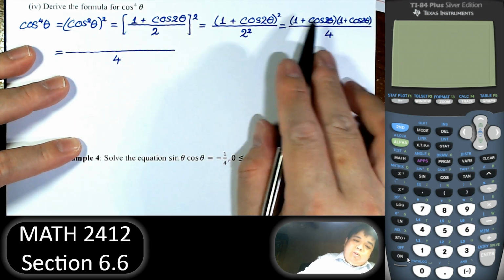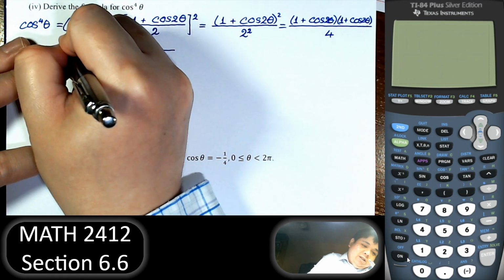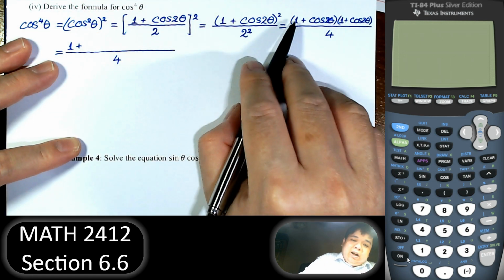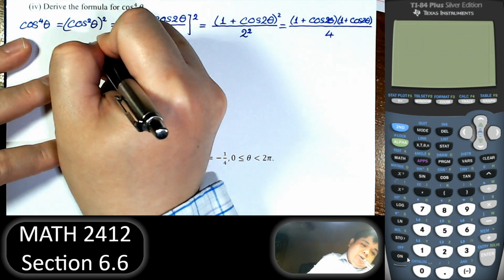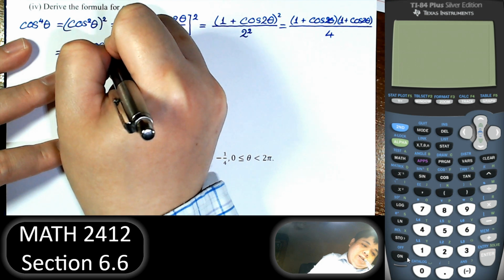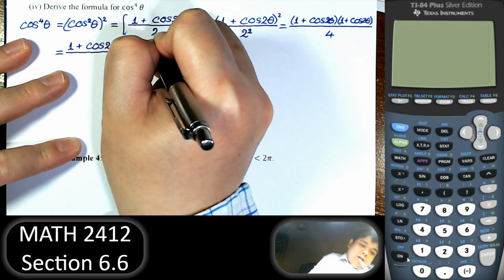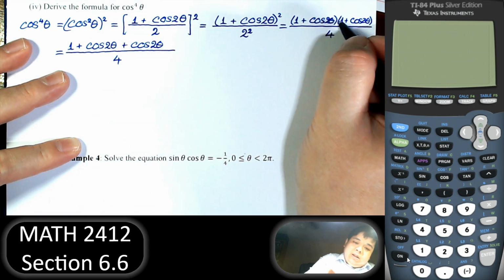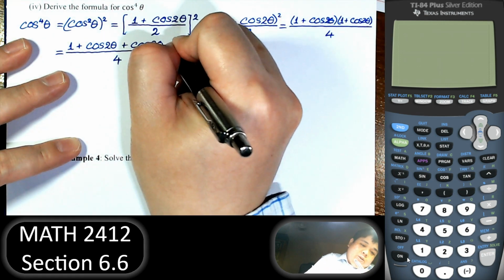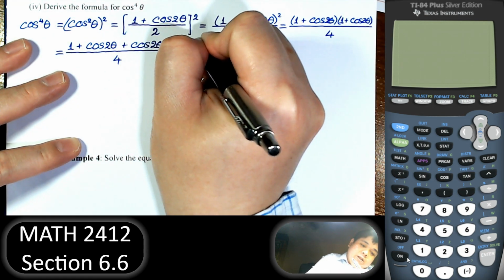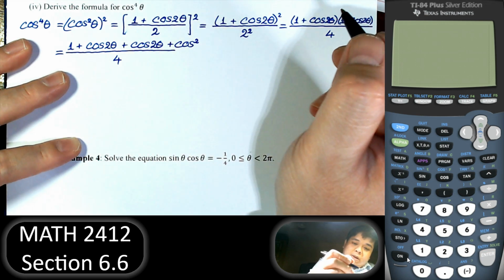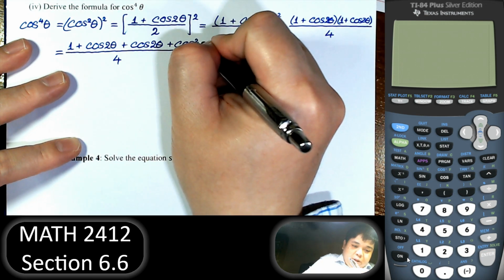Multiply now. 1 times 1 is 1. 1 times cosine of 2 theta, and then cosine of 2 theta, and then cosine square of 2 theta.